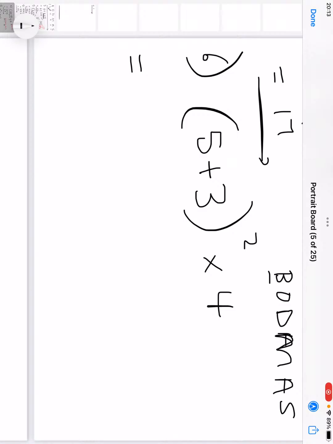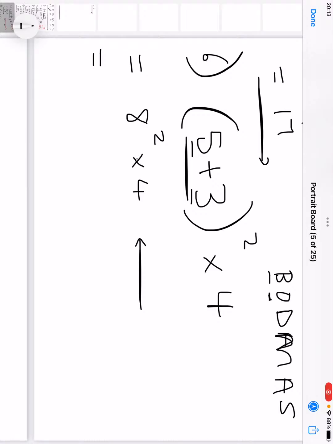What does it mean? We deal decisively with whatever is inside the brackets. So this is what we are going to be dealing with. What is that plus that? Definitely that is 8, and then now you still have that squared. You multiply that by 4, and then on this step it's like we have a new problem to solve where we need to apply that.